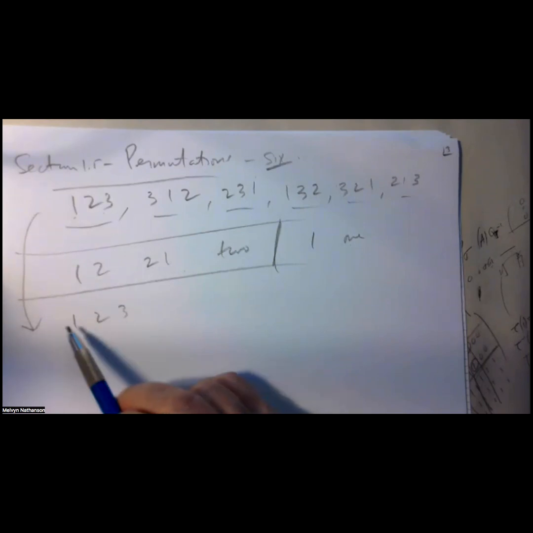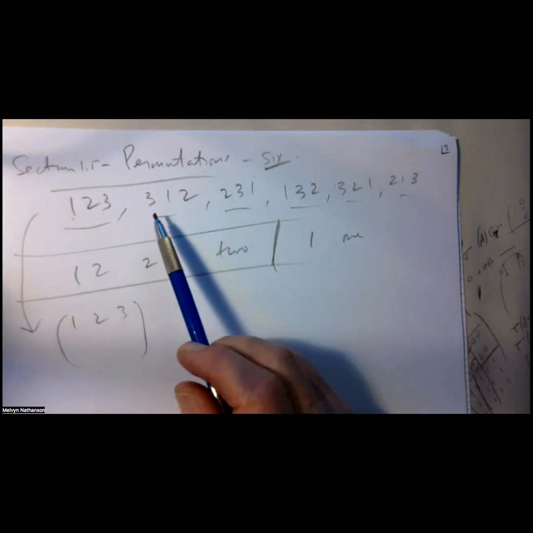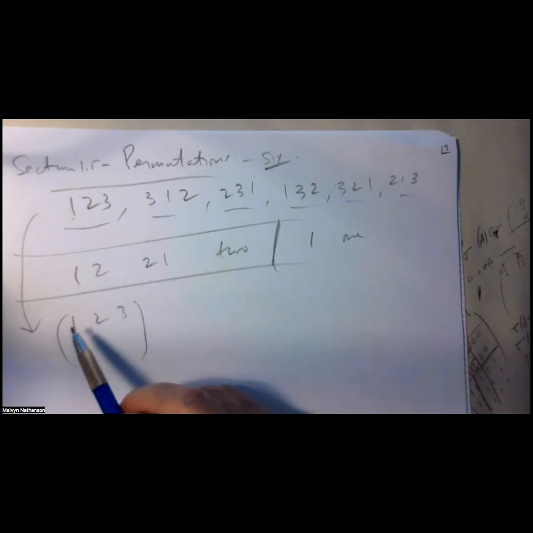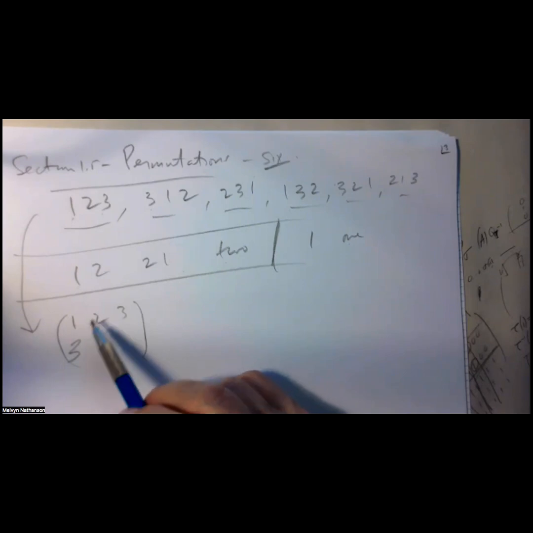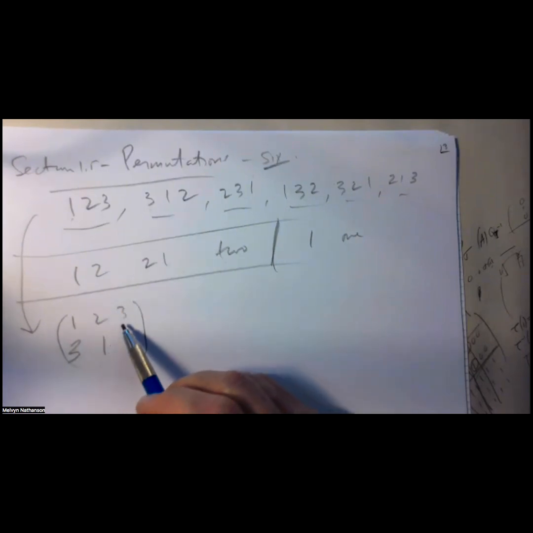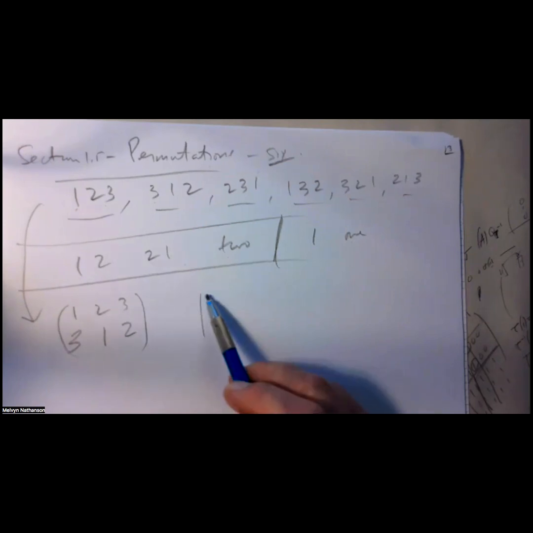We have 1, 2, 3, and we could permute it by sending 1 to the first position, 2 to 1, and 3 to 2. This is just a way of writing a permutation. You can think of it like this.